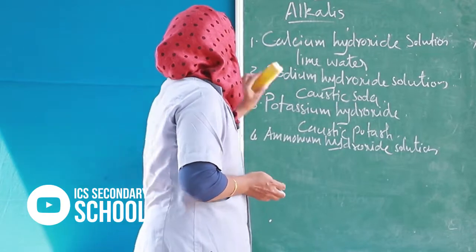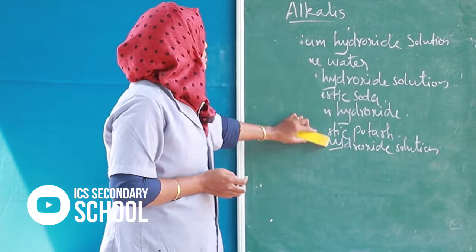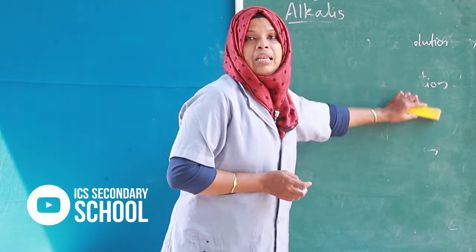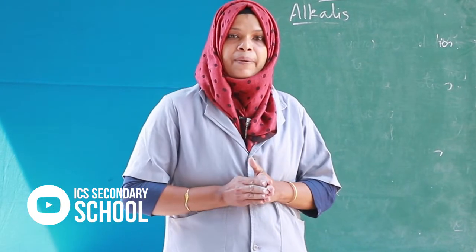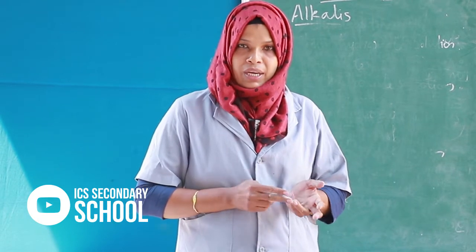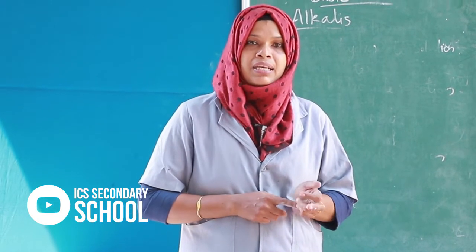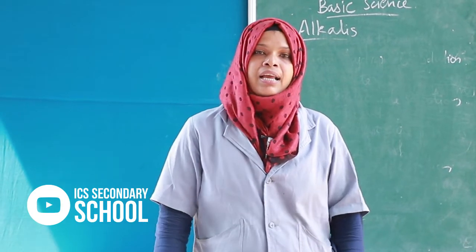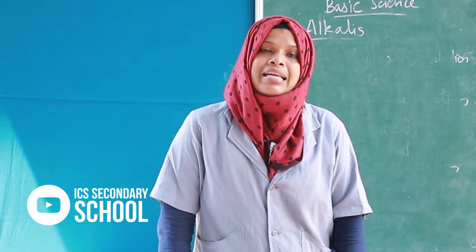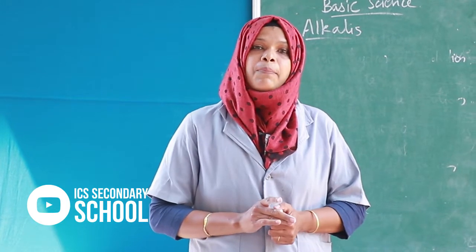Okay. These are the alkalis found in the laboratory. First one is sodium hydroxide, its common name is caustic soda. Then next is potassium hydroxide, its common name is caustic potash.